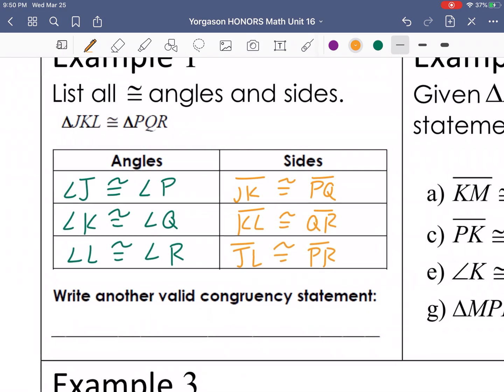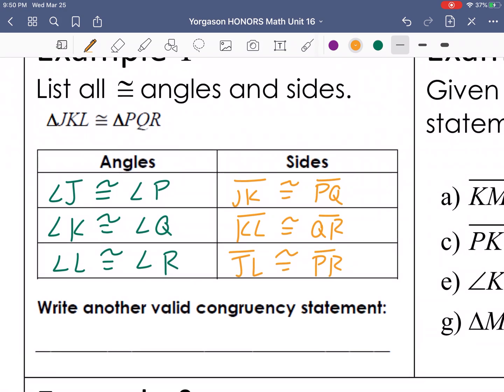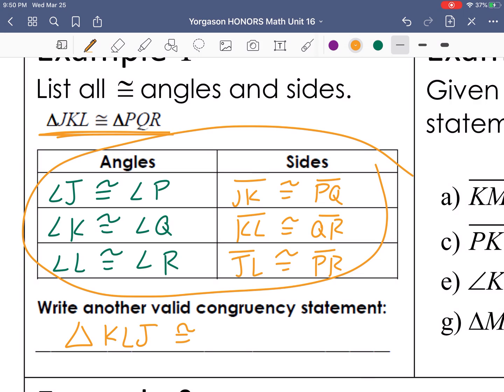Write another valid congruency statement. Okay, so we've got these 6 up here. What I'm going to do is rewrite this, but I'm just going to change it up a little bit. I'm going to write the first one as triangle KLJ. If I had it written like this, and all 6 of these statements are still true, how would I write the second triangle in this case?